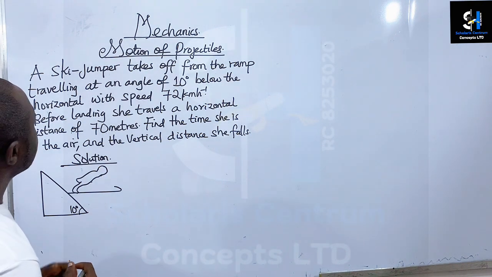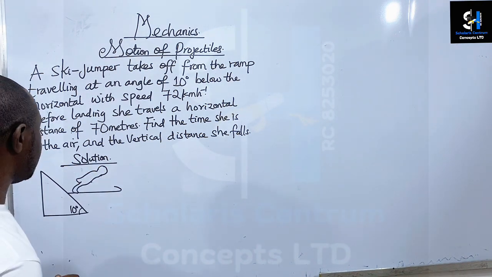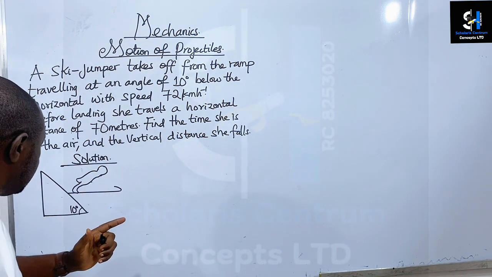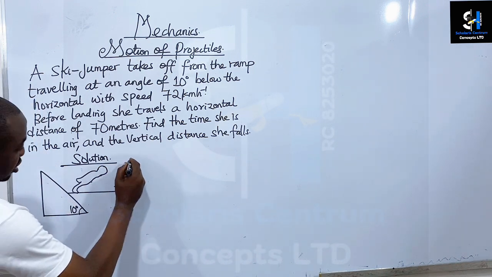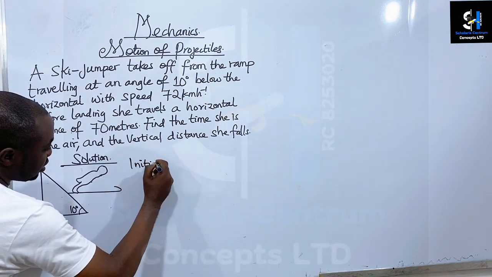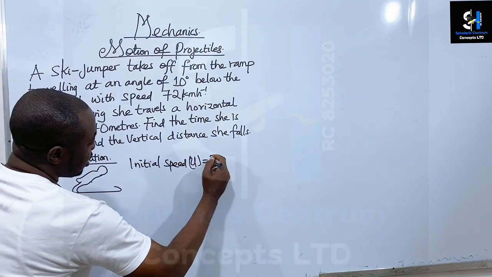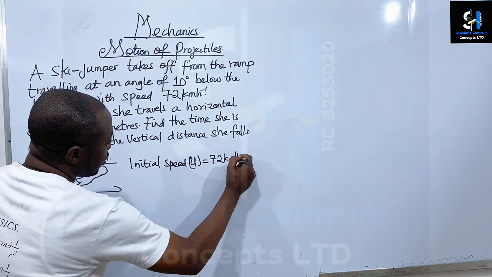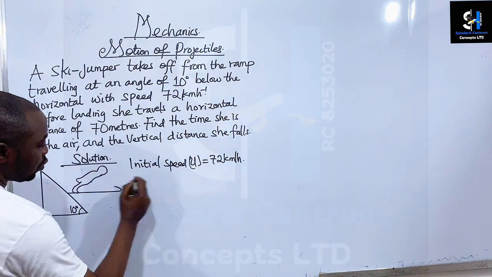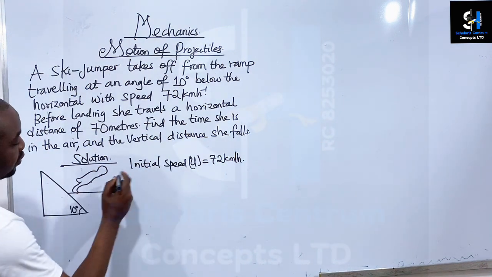At a speed of 72 kilometers per hour, the initial speed u is 72 kilometers per hour.